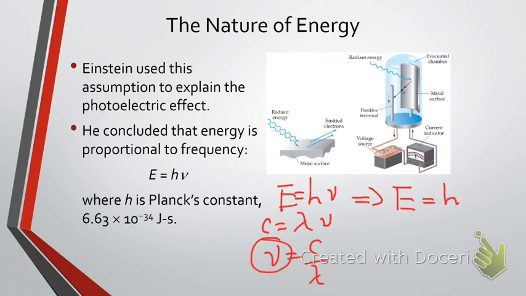Now E is equal to h, Planck's constant, times the speed of light divided by wavelength. So as the wavelength increases, energy decreases. They are inversely proportional. Whereas as frequency increases, energy increases.